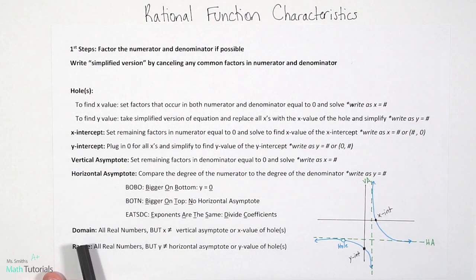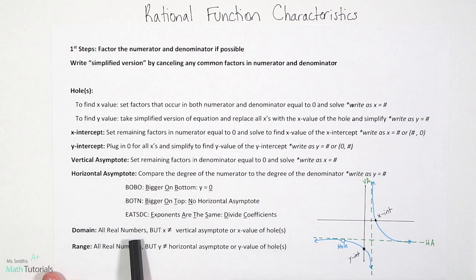When we go to find the domain of a rational function, it's pretty easy, but there's different ways to write it. Essentially though, it's always going to be all real numbers, which another way to say is negative infinity to positive infinity, all real numbers.